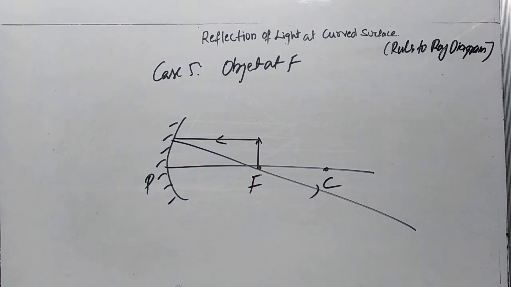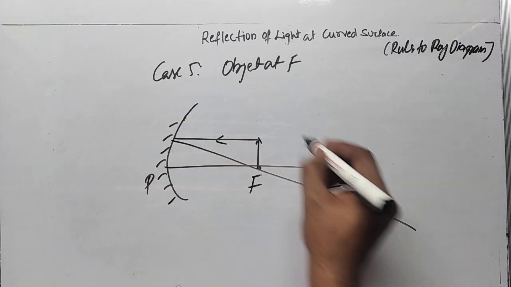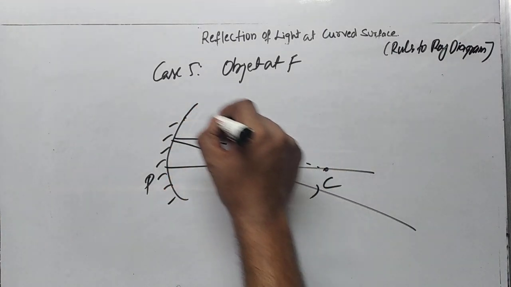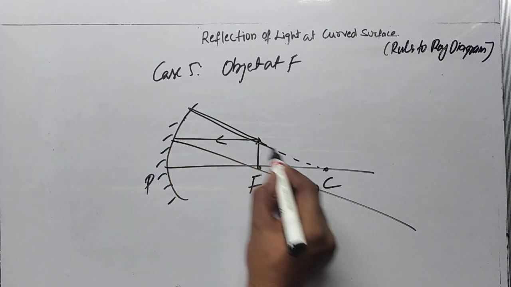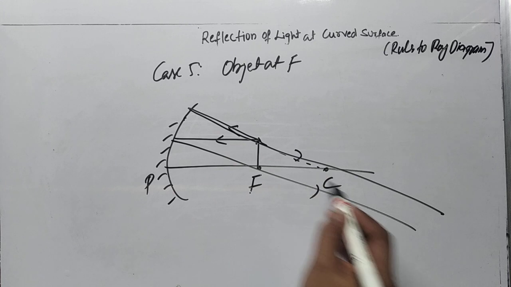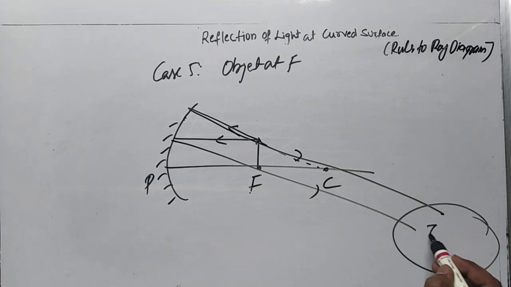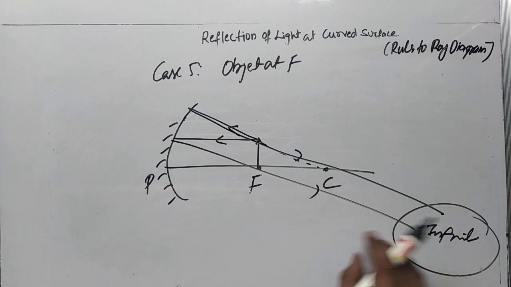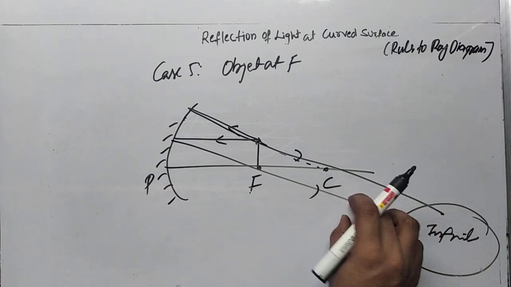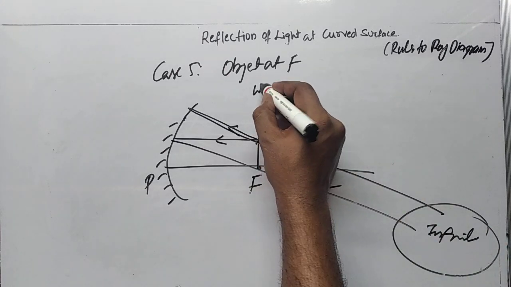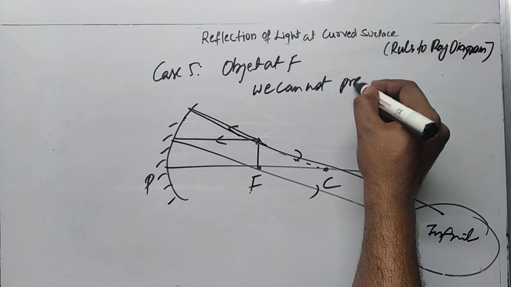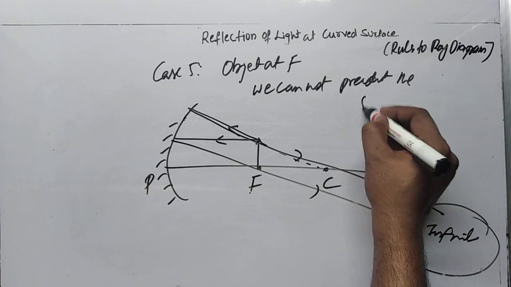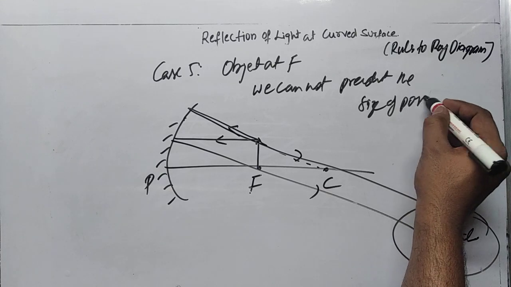Next, you take a ray which seems to be coming from the center of curvature. Whenever a ray is coming from the center of curvature, it will reflect back along the same path in the opposite direction. You can see both will intersect at infinity. Whenever the reflected rays intersect at infinity, we cannot predict the size or the position of the image.